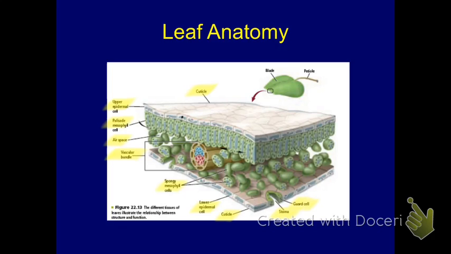And then the pink is how the nutrients that are produced through the process of photosynthesis get down to the rest of the plant. So remember that glucose is produced through the process of photosynthesis. So that's the leaf.